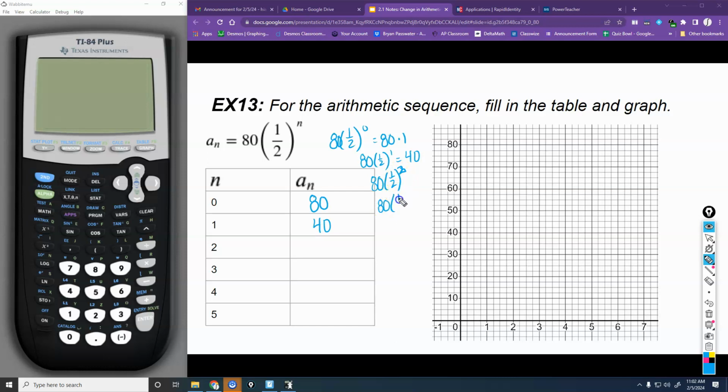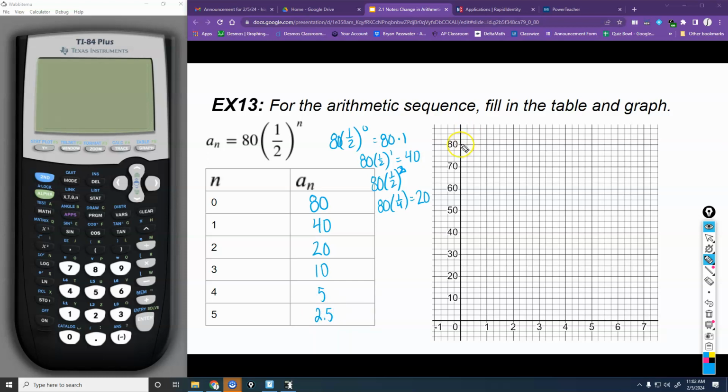It is 1/4. Very good. You square the top, square the bottom. What is 1/4 of 80? 20. Now we should be starting to see a pattern here, right? So that we don't have to actually do that with the fractions for the rest of this, what are we doing to our numbers each time? Dividing by half. So what's the next one going to be? 10, and then 5, and then 2.5. And that would just continue getting smaller and smaller and smaller, right?